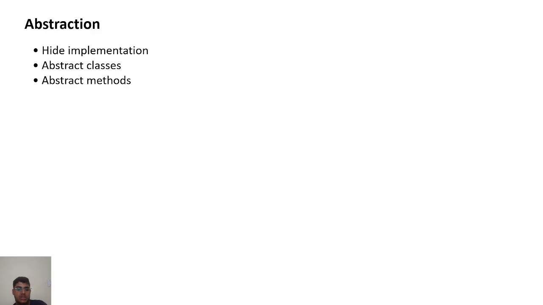You only use the features it provides. This is abstraction. Abstract class. An abstract class is a class that cannot be used to create objects directly. It is used as a blueprint for other classes.